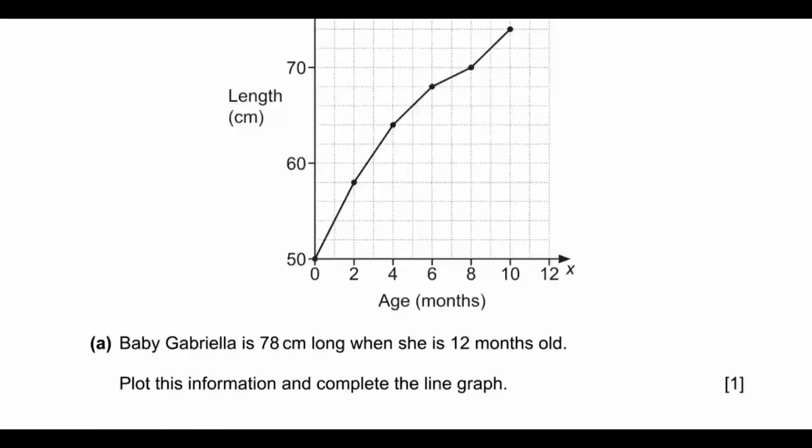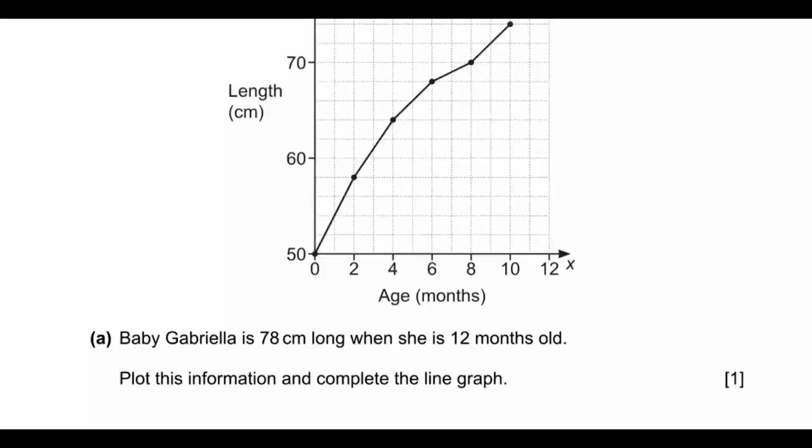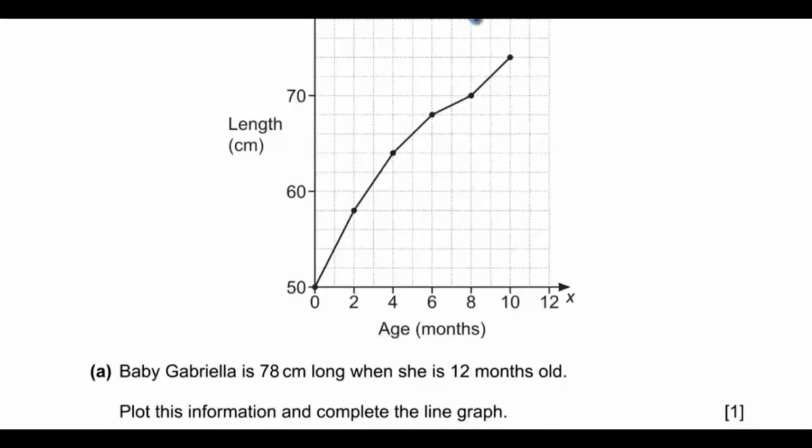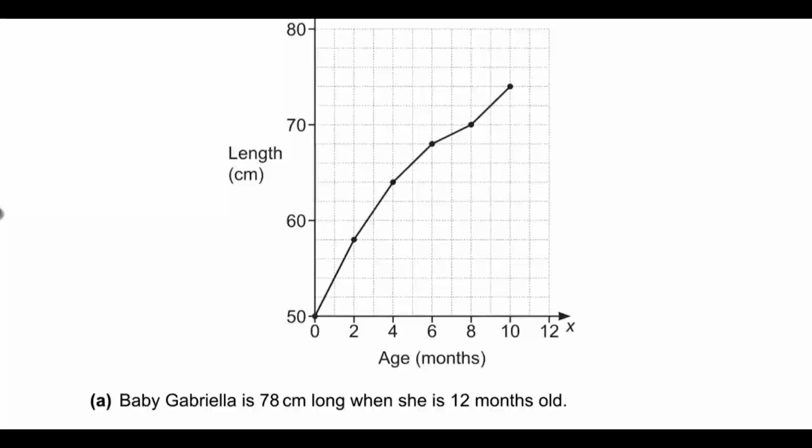Baby Gabriela is 78 centimeters long when she is 12 months old. Plot this information and complete the line graph. So 12 months will be this. It will go up, and 78 centimeters will be somewhere here.